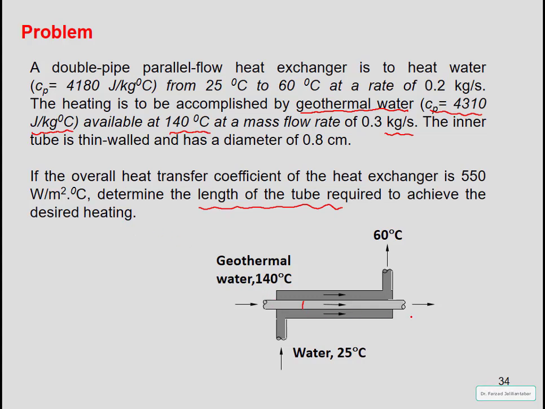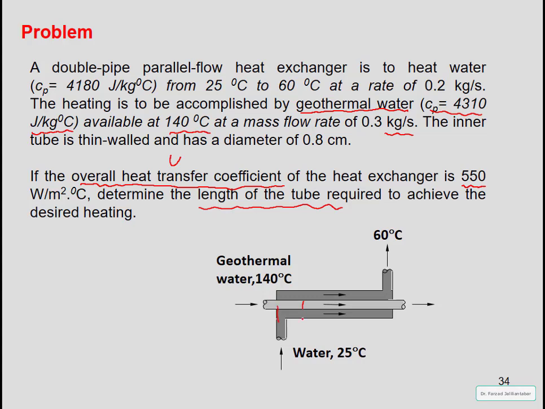Find the length of this tube according to the desired overall heat transfer coefficient, or U actually. So if the overall heat transfer coefficient of the heat exchanger is 550 watt per meter square degree Celsius, we should determine the length of this tube to achieve this overall heat transfer coefficient.